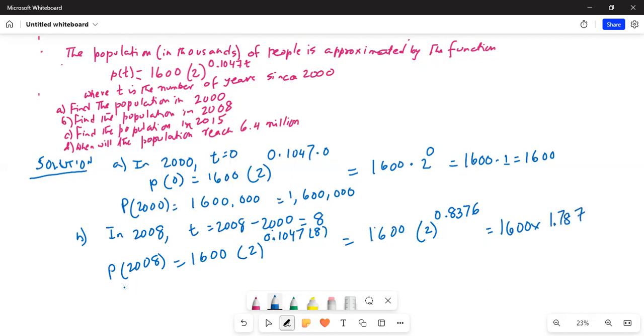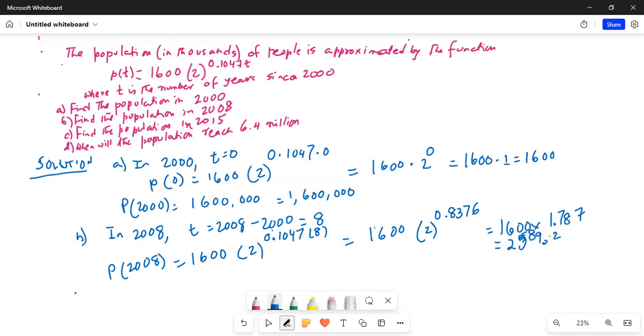So P is equal to 1600 multiplied by 1.787, which is 2589.2.